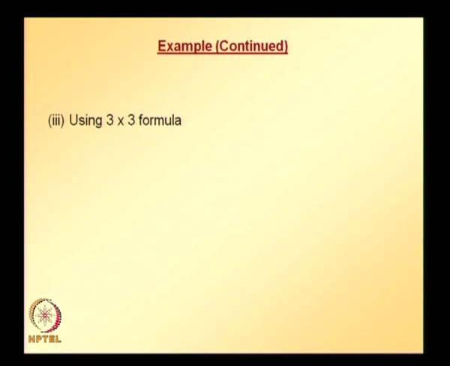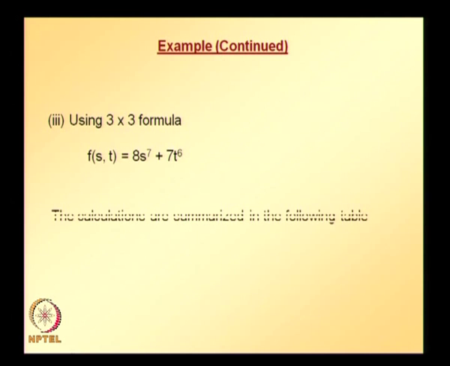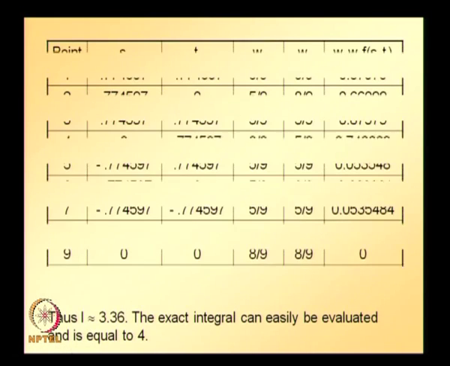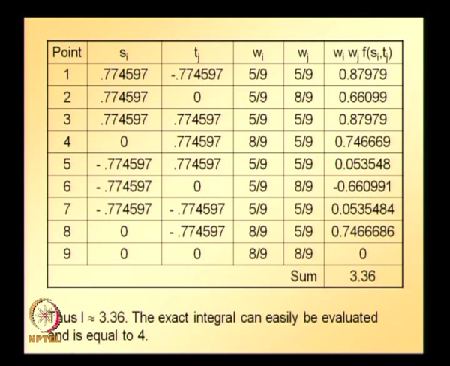higher order integration, that is 3 by 3 integration, and calculations are summarized in the table. So 3 by 3 results in 9 integration points total.